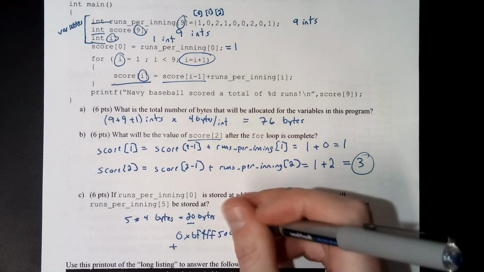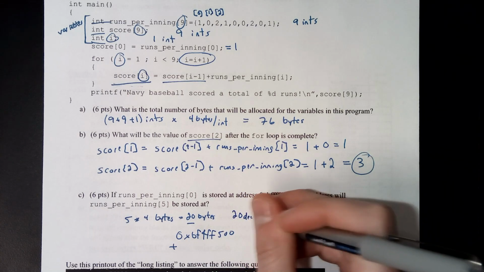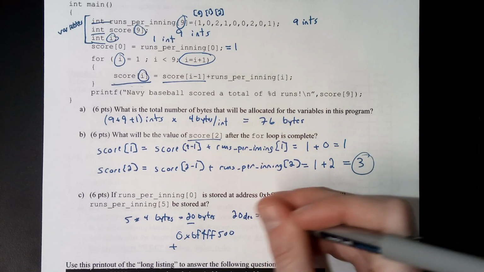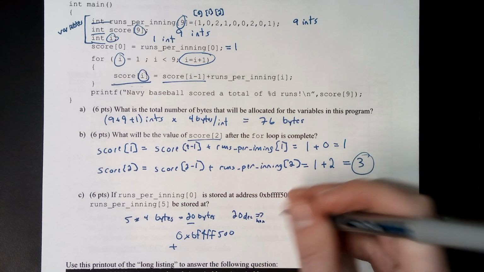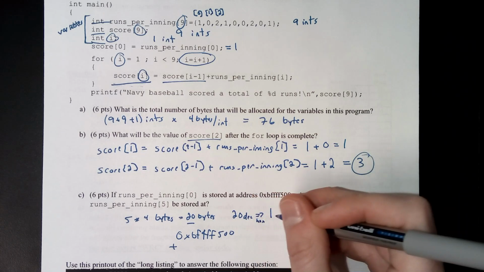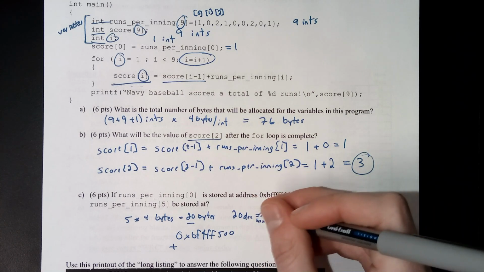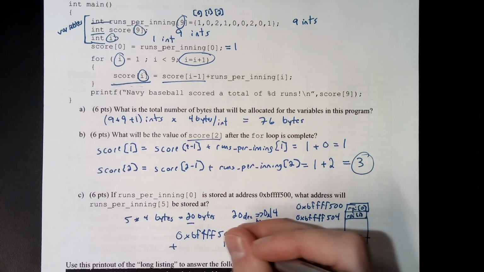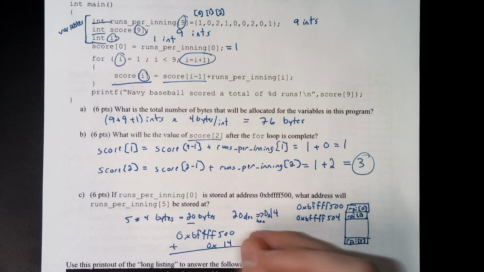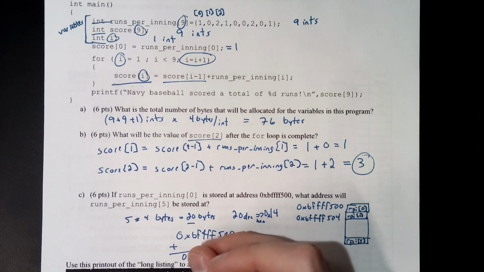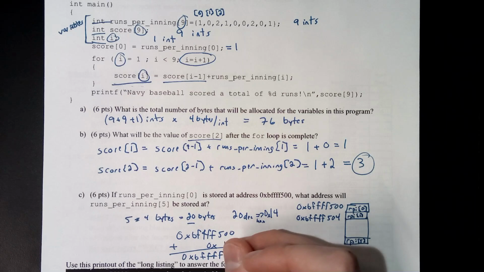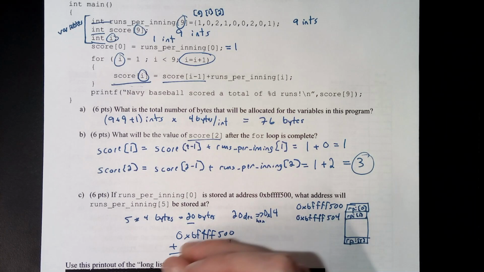So 20 decimal to hex is, instead of 20, it's 1 for 16 and then 4. So 0x14. We add 0x14 to 500, and we end up with 0xBFFFF514 as our final answer for that one.